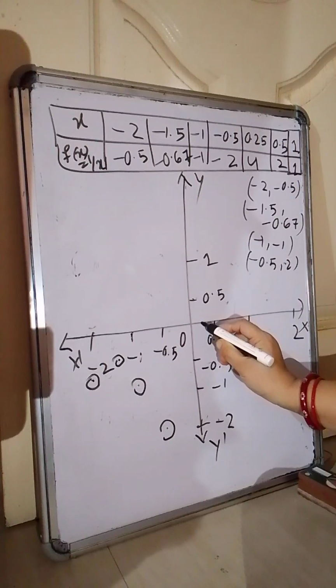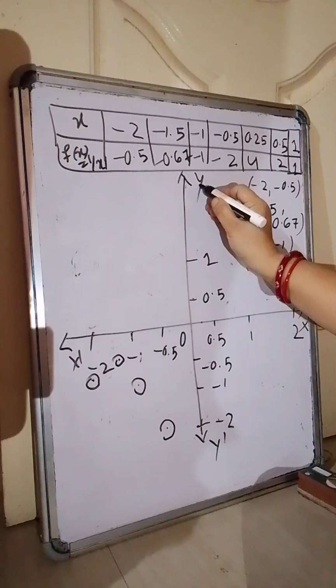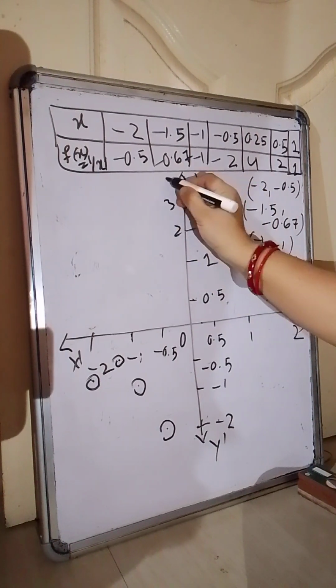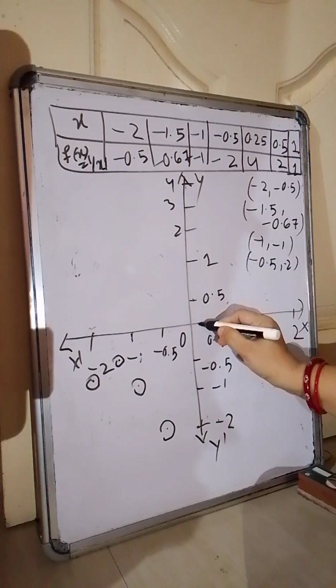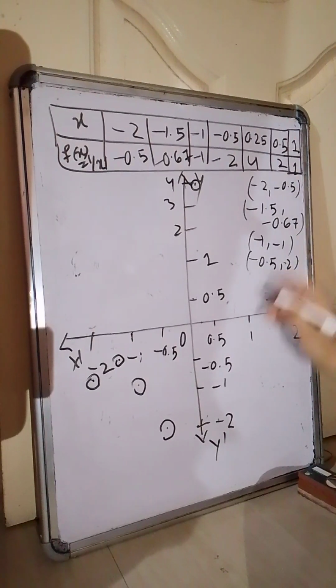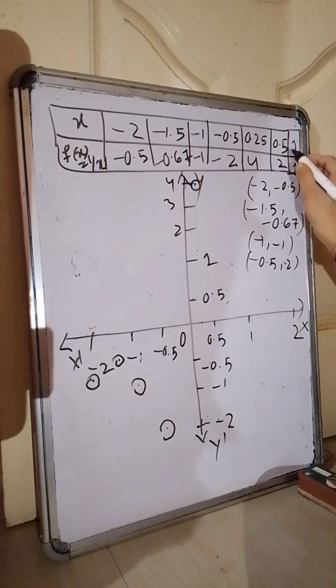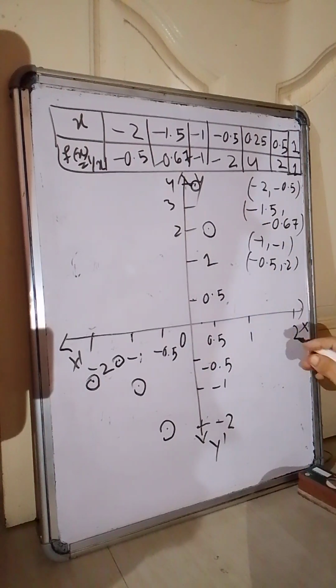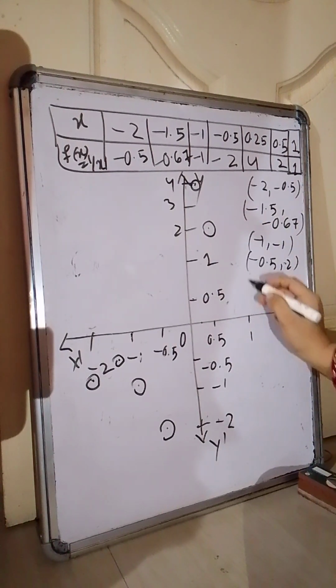When it is 0.25, y value is 4. Say suppose 4 here. This is 2, this is 3, this is 4. So 0.25, 4, this point. Next 0.5, it is 2. Now when it is 1, it is 1.